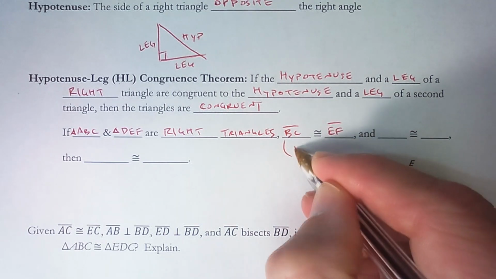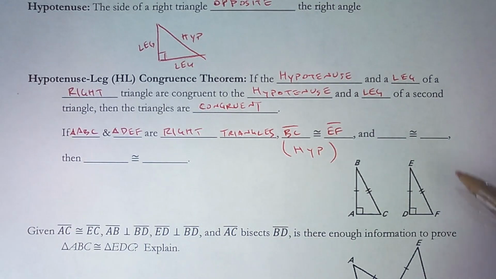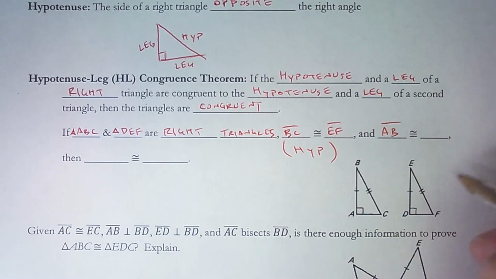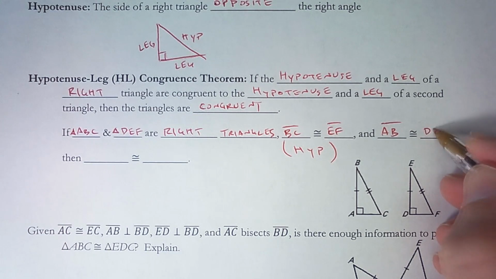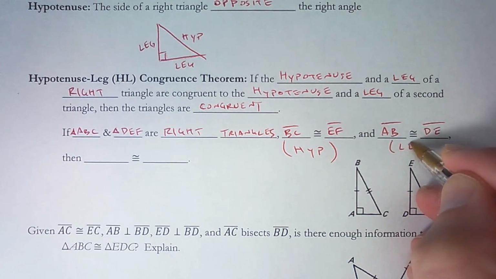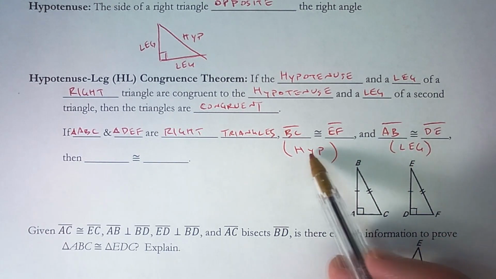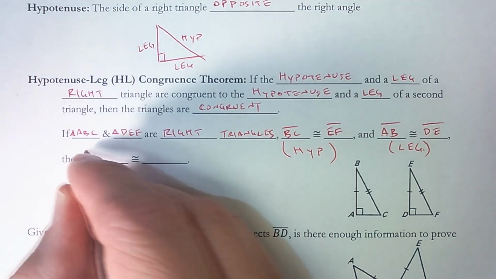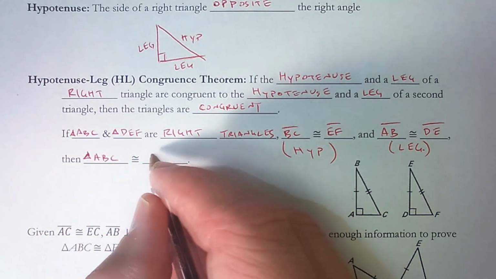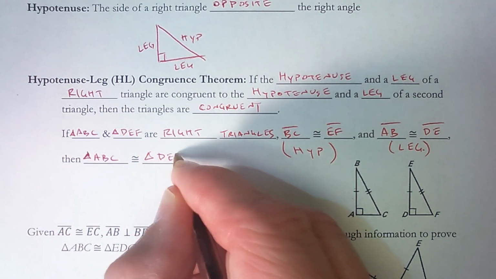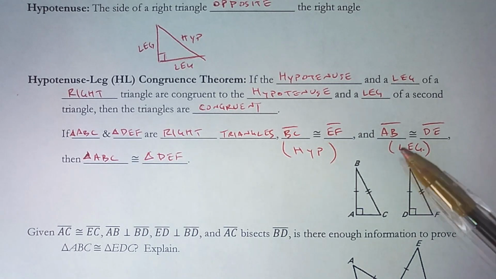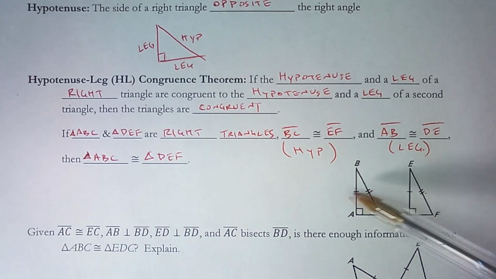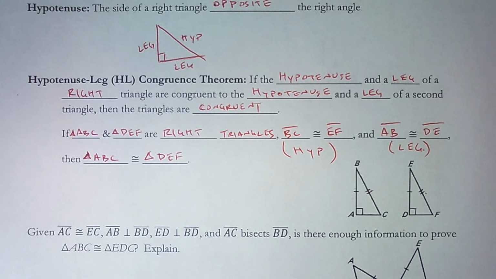So there is your hypotenuse. And you've got a pair of congruent legs, AB and DE. So these are the legs. So you've got hypotenuse and leg of right triangles congruent. Then you can say that triangle ABC is congruent to triangle DEF. So if you have right triangles in which the hypotenuses are congruent and a pair of legs are congruent, then the triangles are congruent.